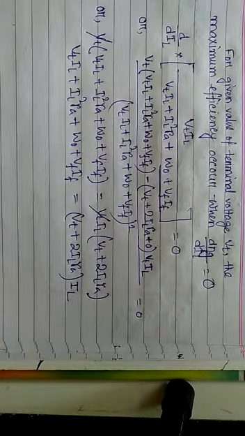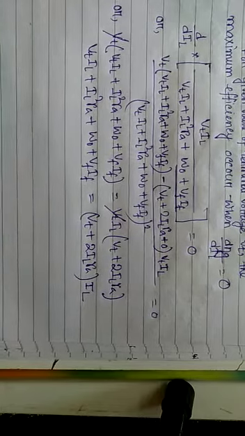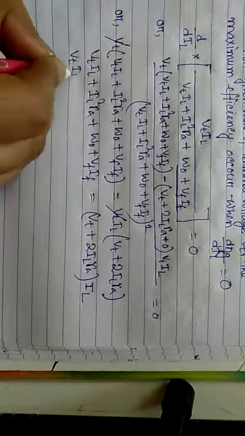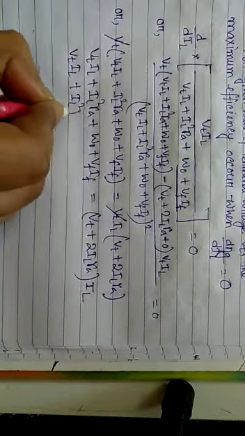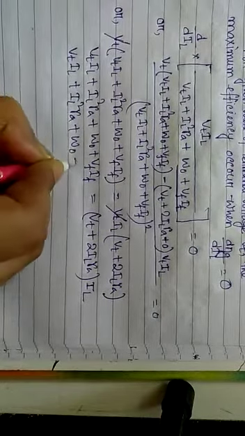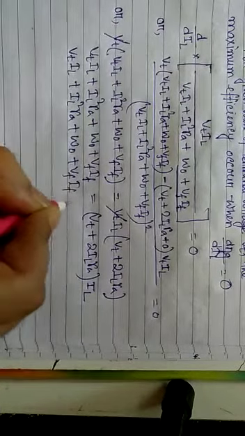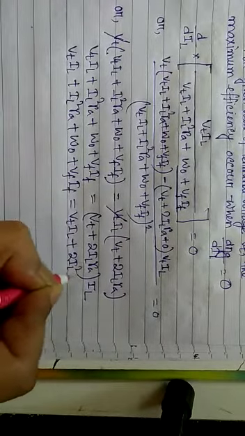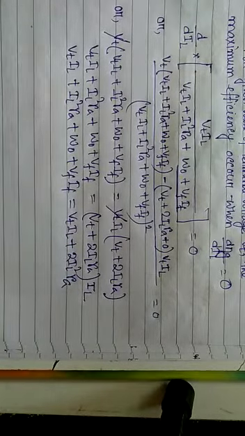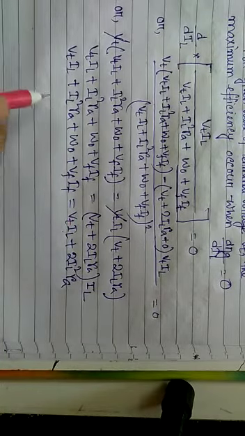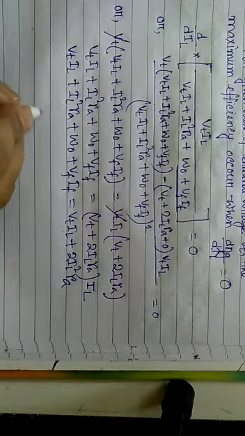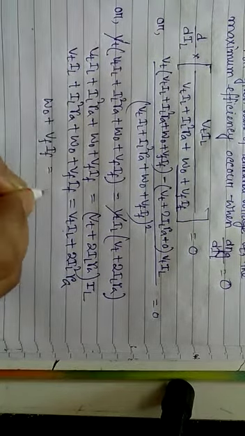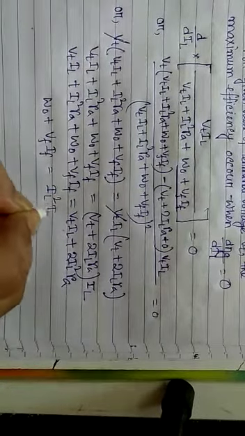So Vt IL square Ra plus W0 plus Vf If equals Vt IL plus 2 IL square Ra. Now Vt and Vt cancel out. Now the equation should be W0 plus Vf If equal to IL square Ra.